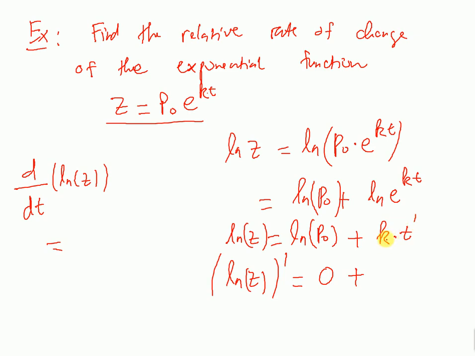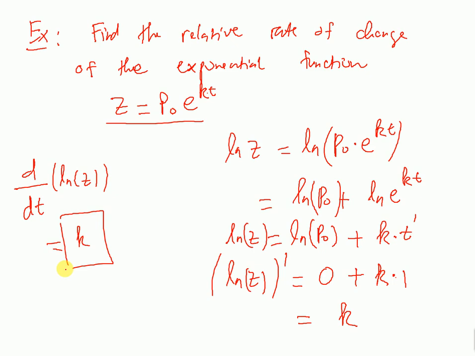Bring down the 1 times k, and then subtract 1 from the exponent, t to the 0, which is 1. So if you take the derivative of this, it gives you just k, right? So you take d over dt of ln of z, and it gives you k, the relative rate of change of the exponential function.